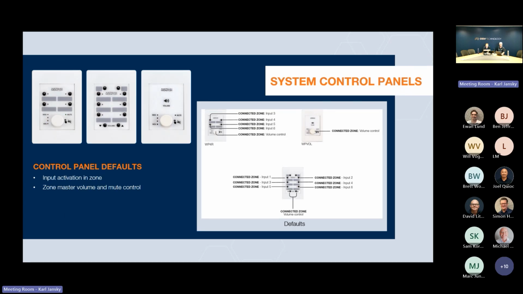So when you connect these wall panels to the system, this is the default of how the wall panels will control the system. As an example, in the WP4R, the first button will control input 3 on or off, then 4, 5, and 6, etc. So when you connect it, depending on the zone that you connect to, it's basically how that wall panel controls the system.